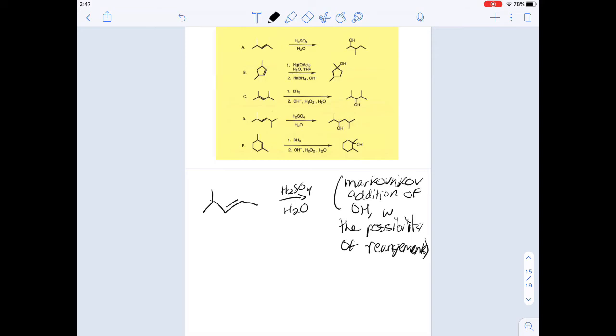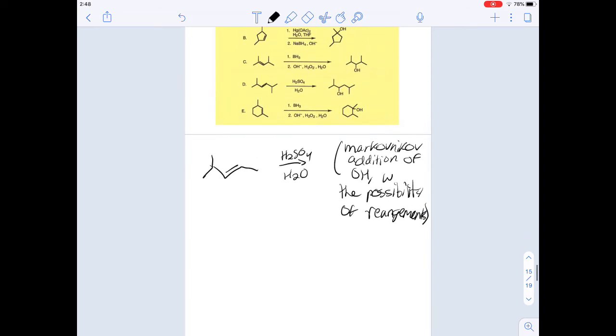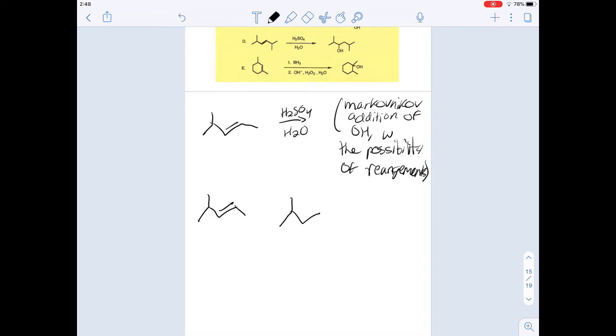But what Markovnikov addition basically means, for those of you who haven't watched my old YouTube videos or just forgot, is that it's going to add to the more substituted side. So let's go ahead and draw the intermediates. You start with your double bond, then you're going to have your more substituted side carbocation intermediate.